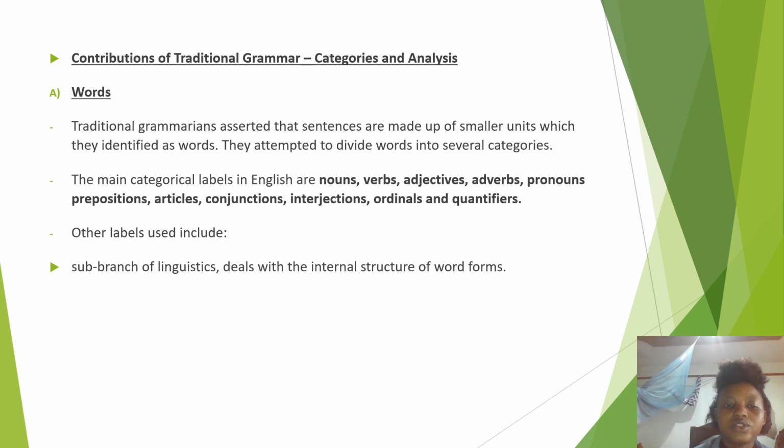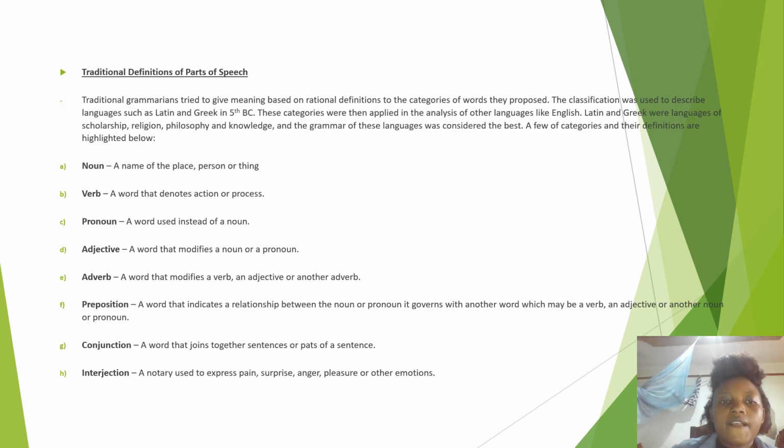Other labels used include morphology, a subbranch of linguistics which deals with the internal structure of words. Next, the traditional definition of parts of speech. Traditional grammarians tried to give meaning based on traditional definitions to the categories of words they proposed.